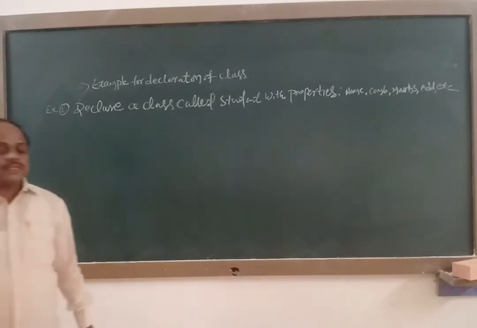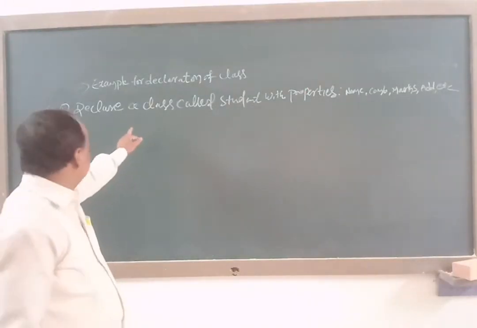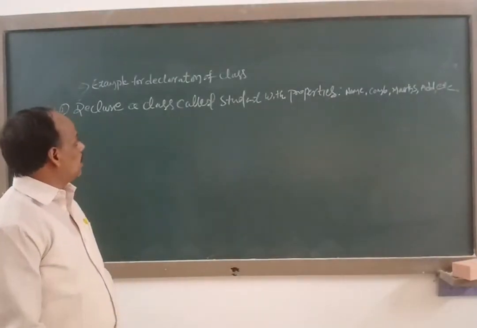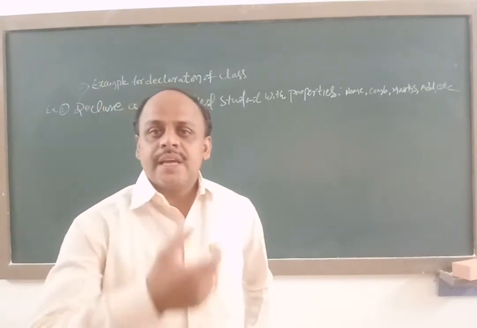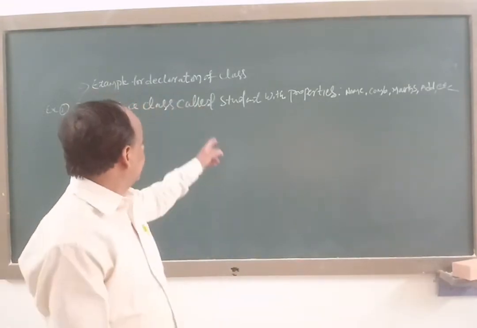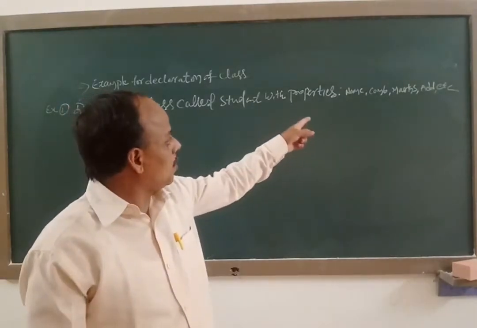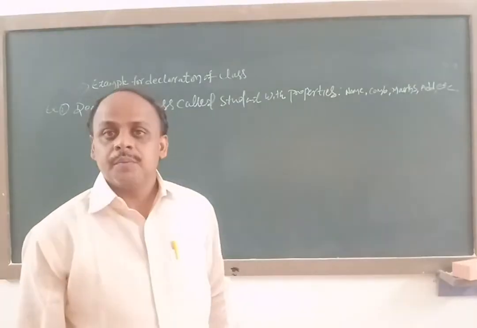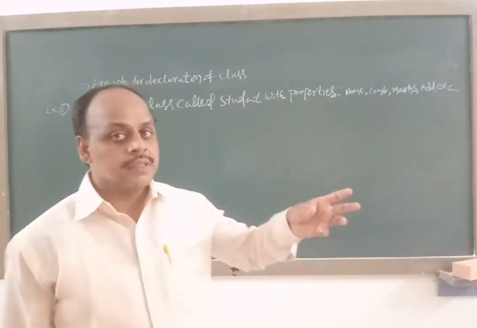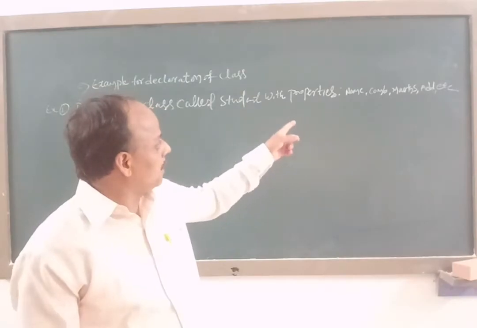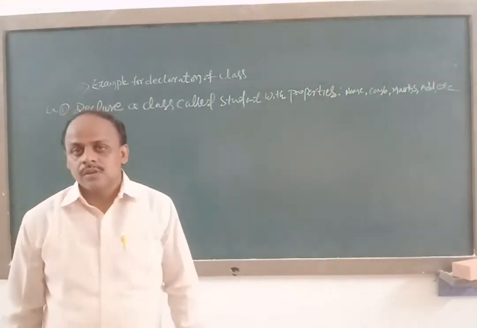So what is given? He says, second example, declare a class called student. Means we have to create a class with the name student, with the properties such as name, combination, marks, address. Properties means data members such as name, combination, marks, address, right? So let us see.